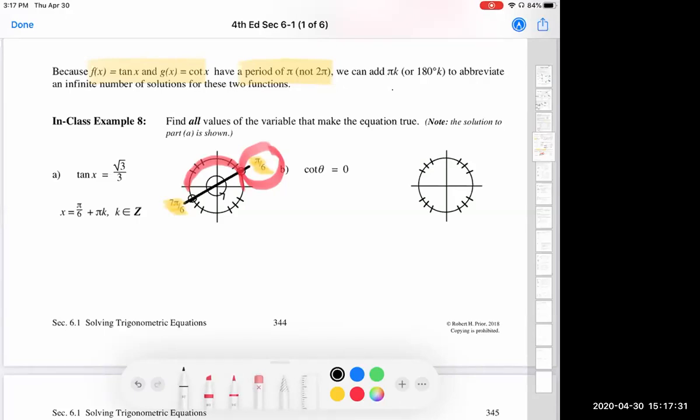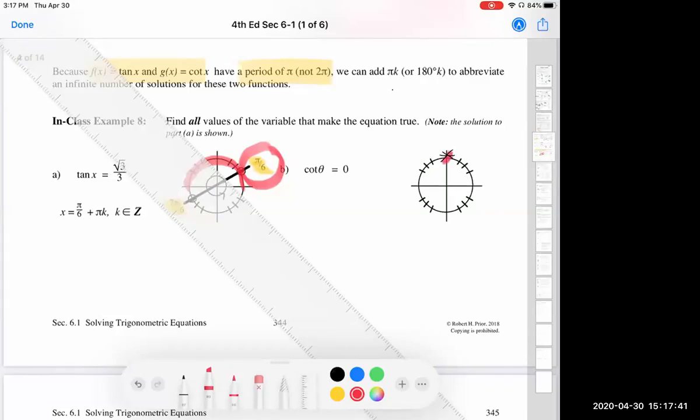Let's do cotangent 0. When is cotangent 0? Cotangent 0 is at 90, and also, right here again, at 270. But we just said that tangent and cotangent are limited from 0 to pi only.